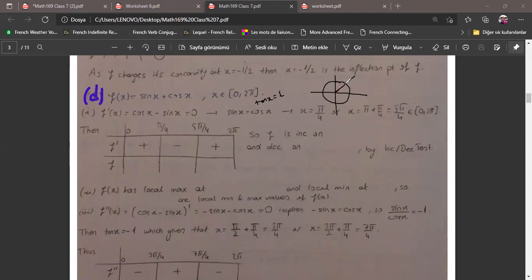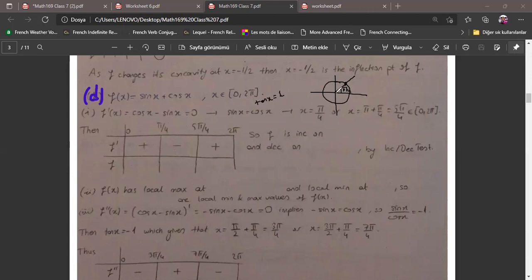This is pi over 4, right? We have cosine x minus sine x. So here between 0 and pi over 4, we need to just check if f prime is positive or negative. Between 0 and pi over 4, cosine is greater than sine x. So it gives that f prime is positive.